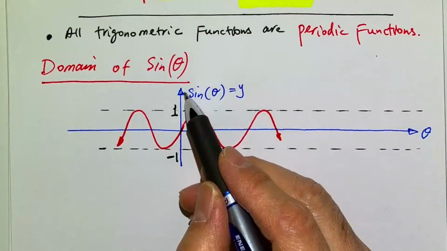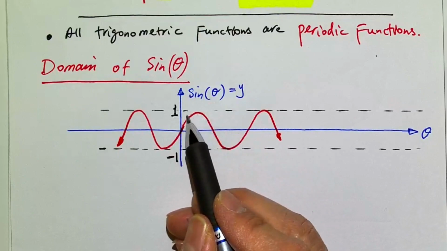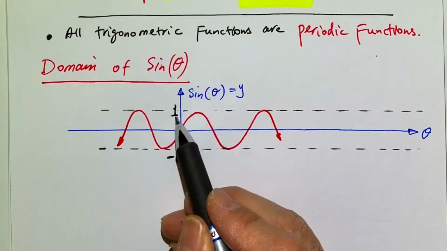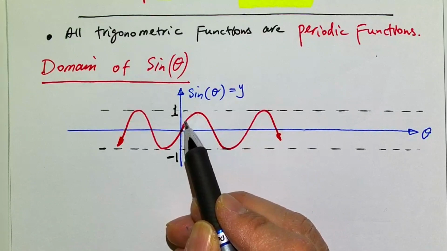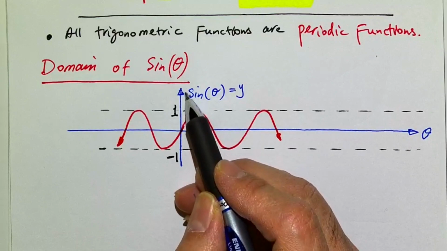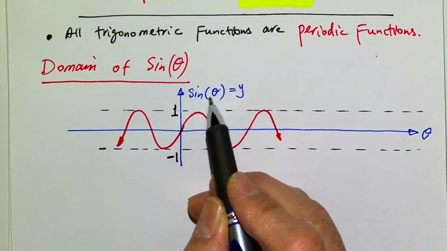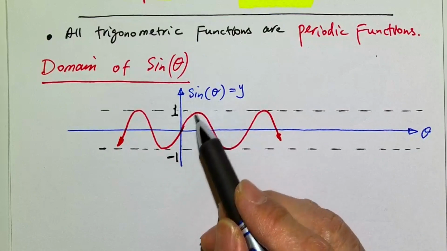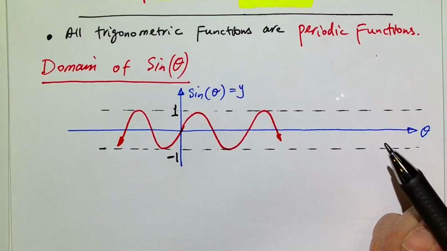Now if you have a number before this, like 4, it would multiply, and you would get 4. 4 times 1 is 4, or 4 times 0.5, if you're here, you would get 2. But that would have to come from a factor out here. The angle itself, with no factors, will always swing back and forth between 1 and negative 1. Okay?